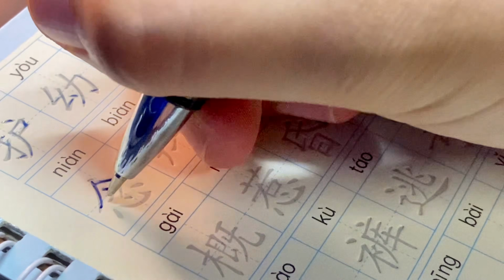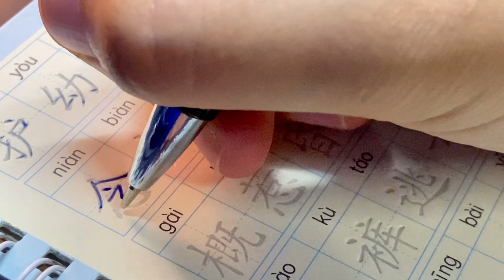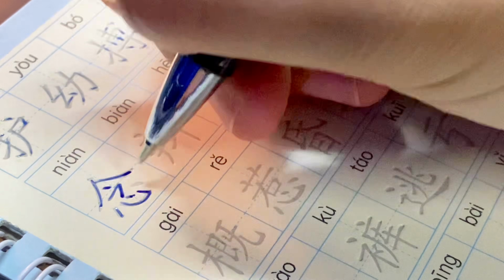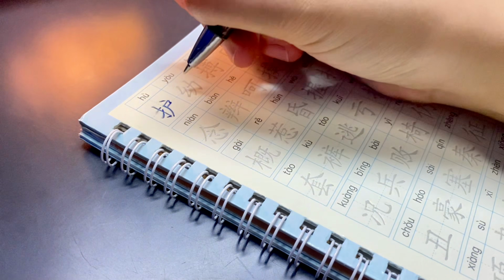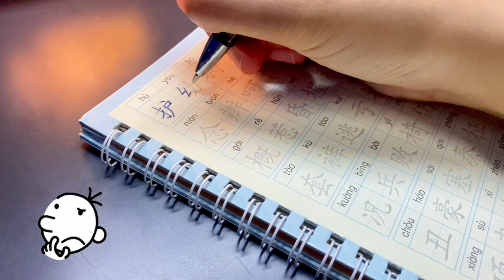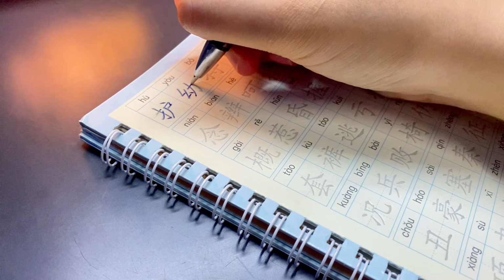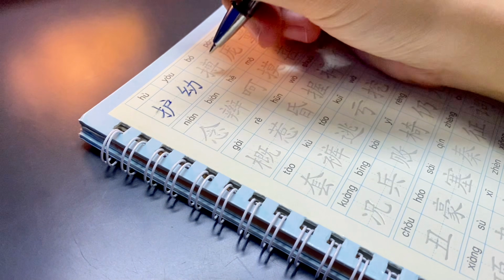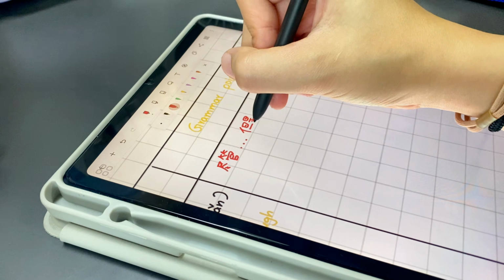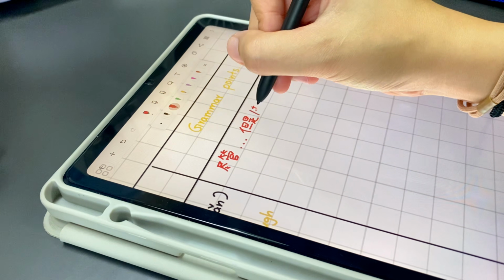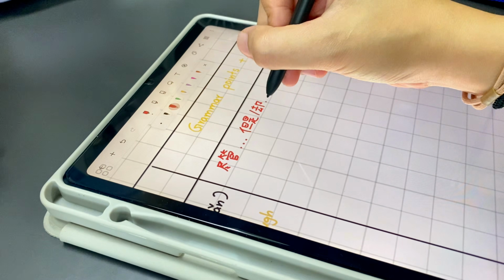Now, let's talk about actually writing characters, because this matters more than most people think. Chinese characters have a specific stroke order, and I know it feels like a small detail. Does it really matter which line I draw first? Actually, yes, for a few reasons. First, stroke order affects how your handwriting looks as you write faster. Characters written in the correct order flow naturally.